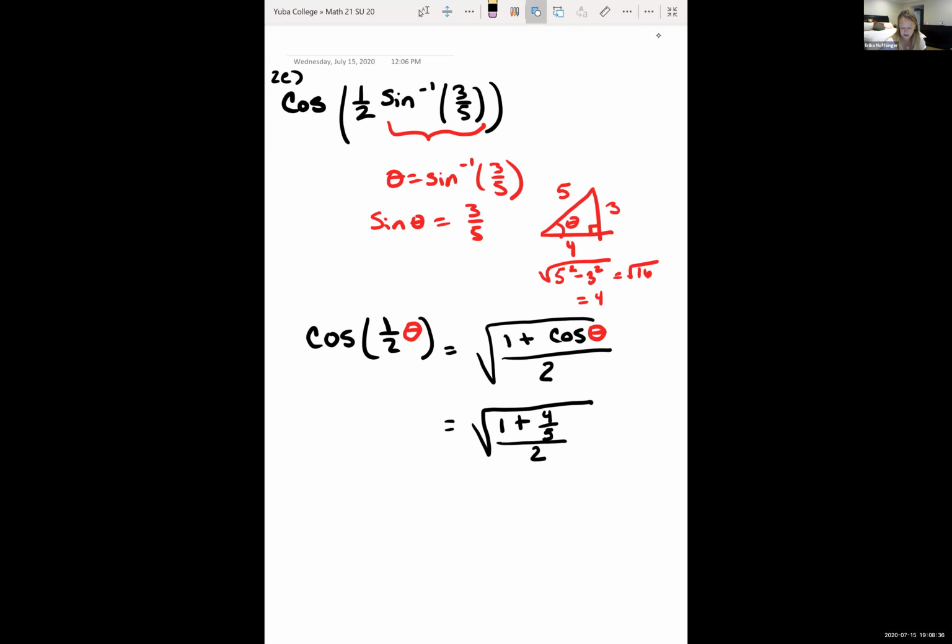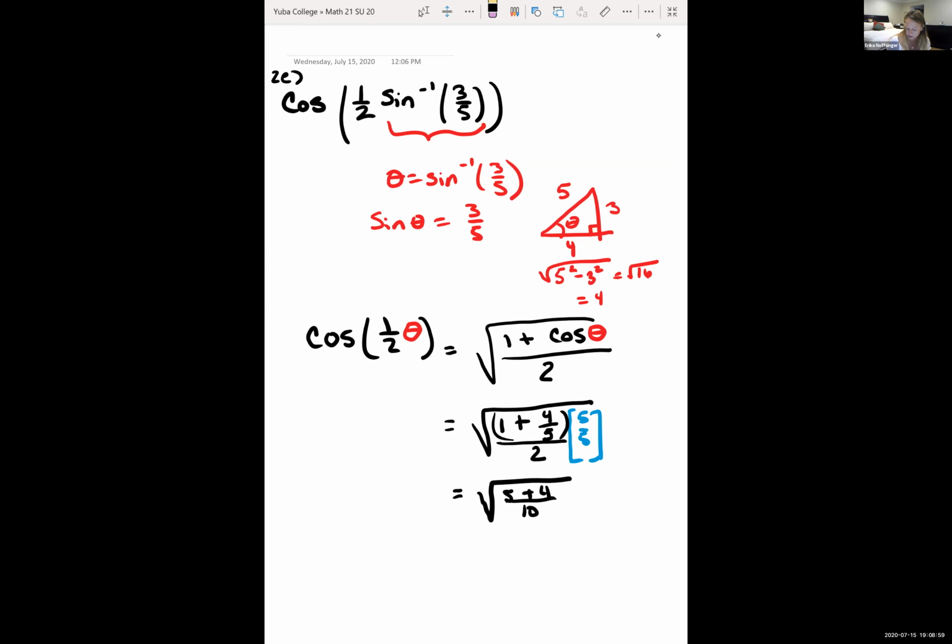So I don't like complex fractions, and so I would multiply by a fancy one to get rid of that complex fraction, 5 over 5. And so this is equal to the square root of 5 times 1 is 5 plus 4 all over 2 times 5 is 10.